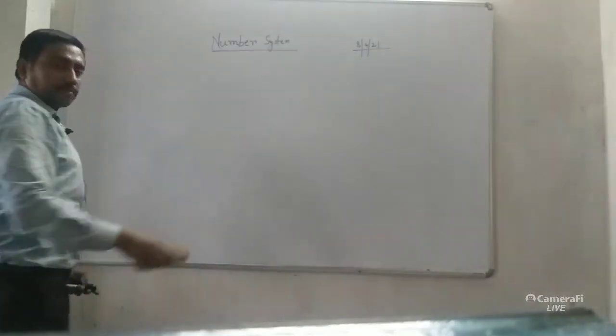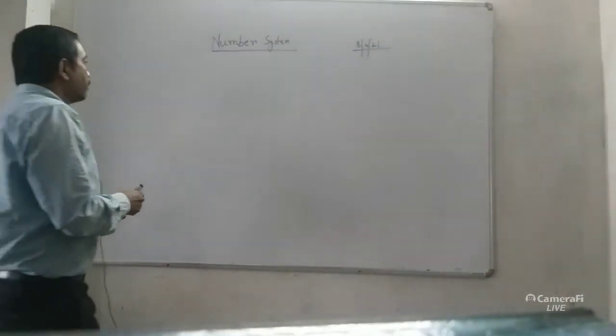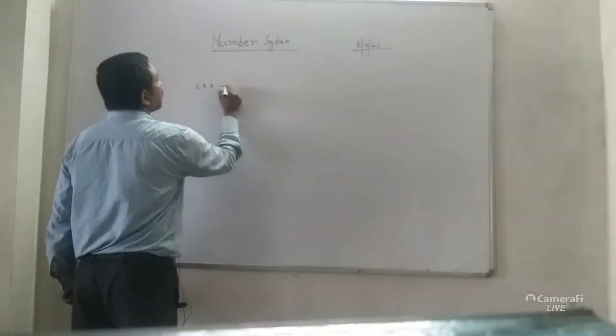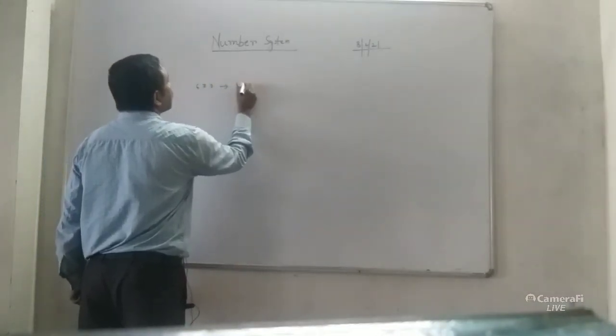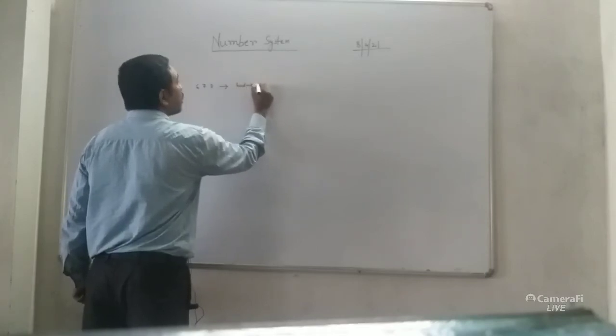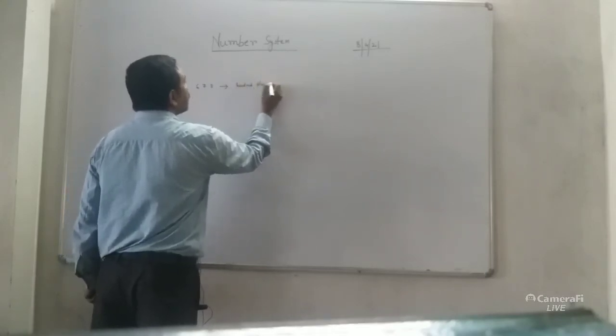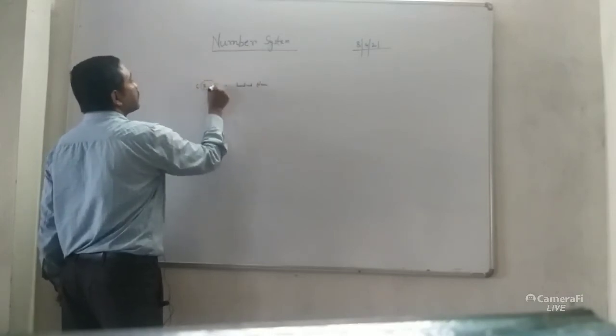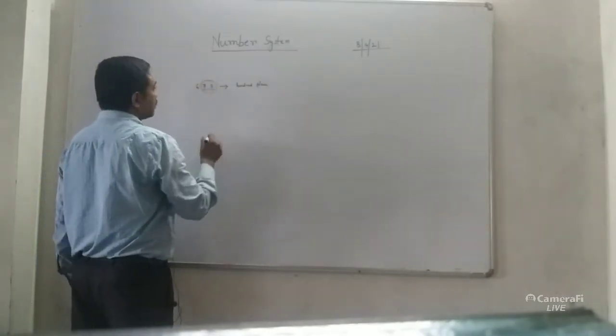Next, suppose the number given is 678, and we round up to the hundreds place. So how do you round it up? Whenever you round up to the hundreds place, look at the ones and tens place digits. Now form the number 78.